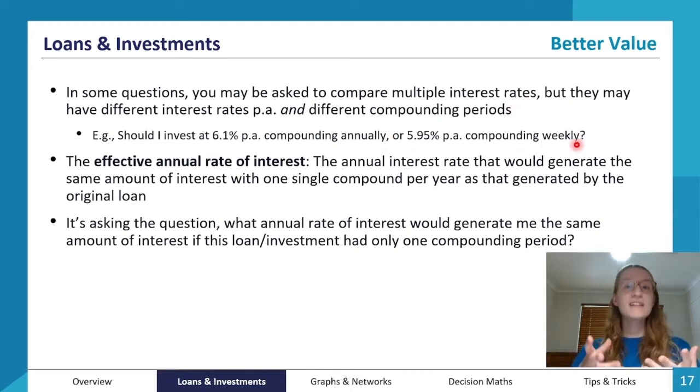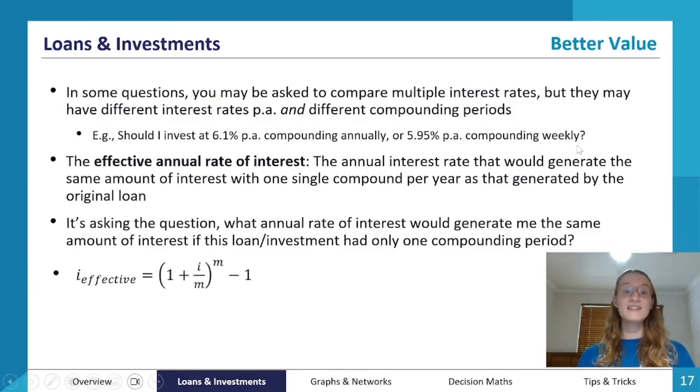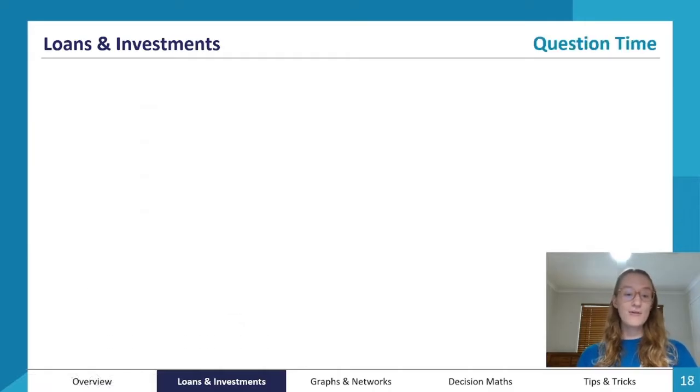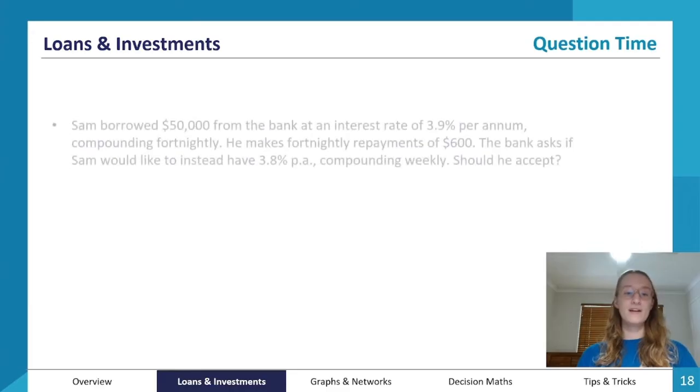It's asking effectively what rate of interest would generate the same amount of interest as if we just had one compound per annum. And then by finding out that value, we can then compare the other values on equal footing. And this is a formula that we use for that. And M is the number of compounds per year in that formula there.